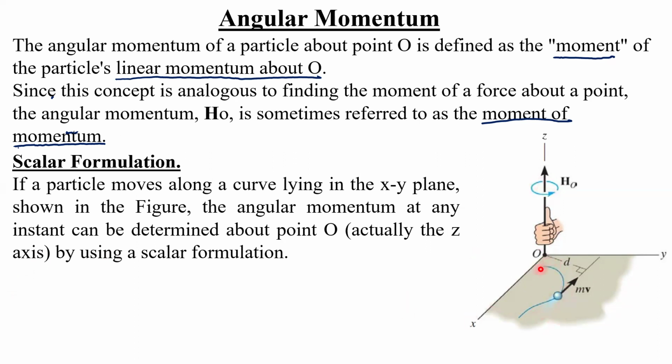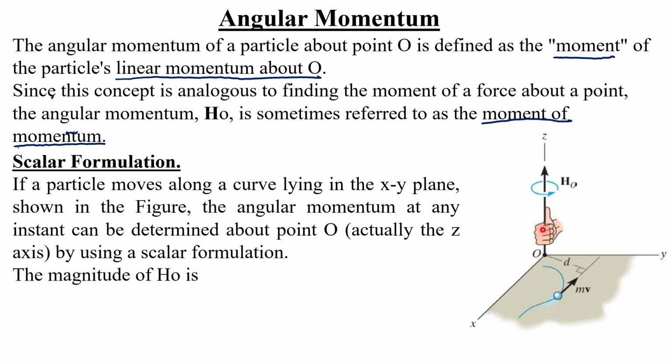That is, the particle is moving in the XY plane, and the angular momentum will be found about this point O, and the angular momentum is pointing upward in the direction of the thumb, where you fold your fist in this direction.